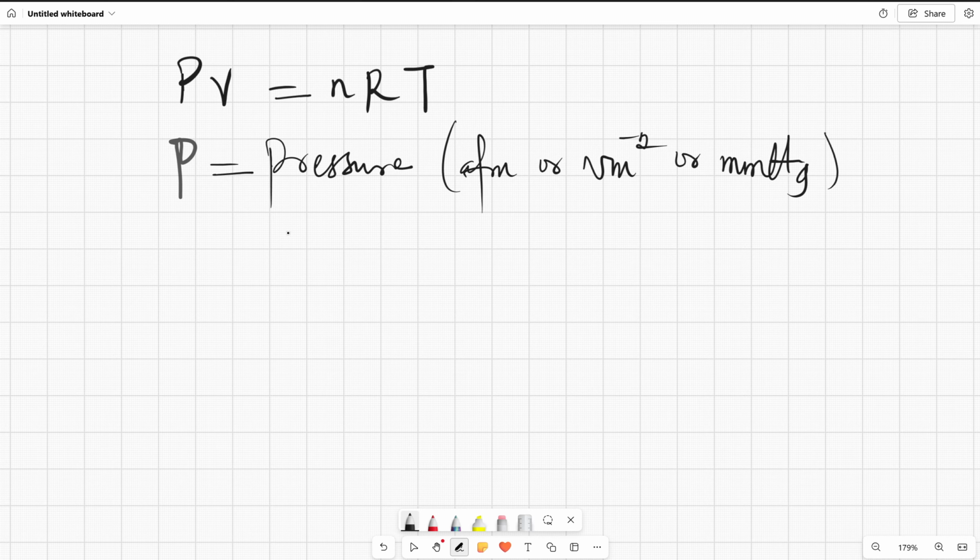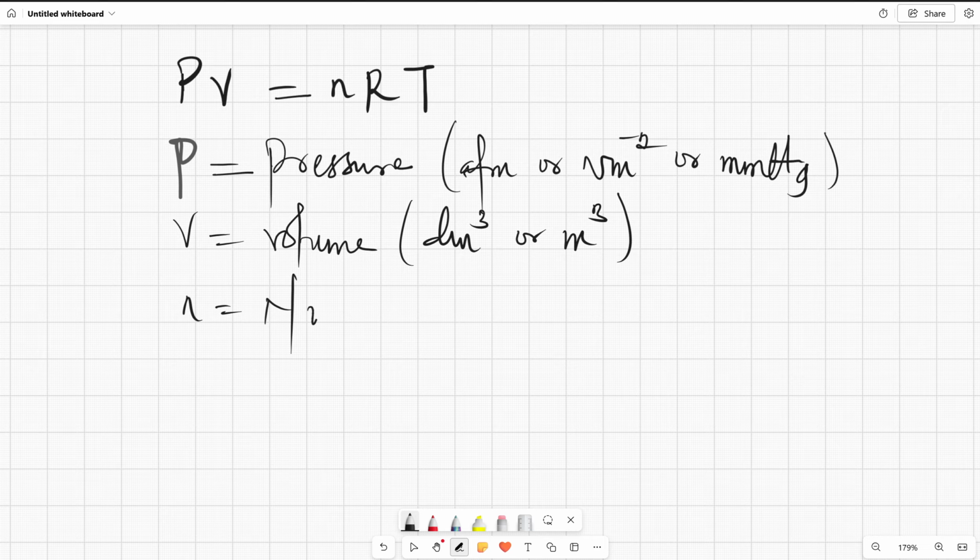The particular pressure unit that is good to work with depends on the unit of the general gas constant that you are given. V is the volume, which you may have in dm cube or meter cube. N is the number of moles.